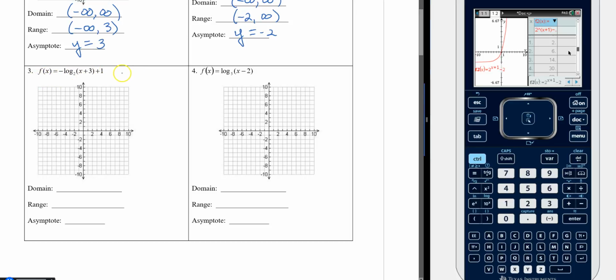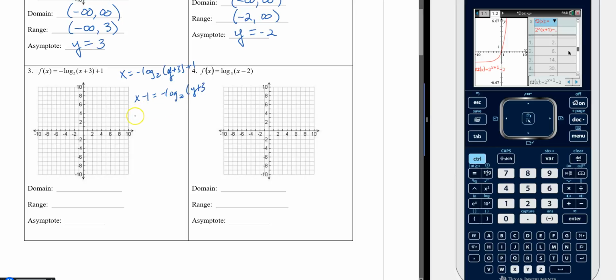So remember the rule for finding the inverse. You switch your x and your y. So we get x equals -log2 of x plus 3 plus 1. Solve to get y by itself. So it's going to be x minus 1 equals -log2 of y plus 3.